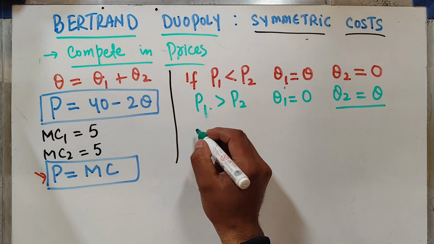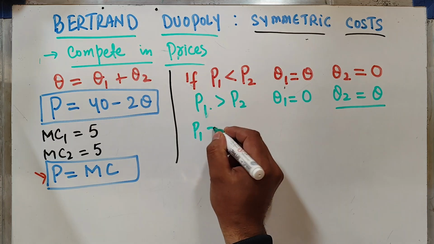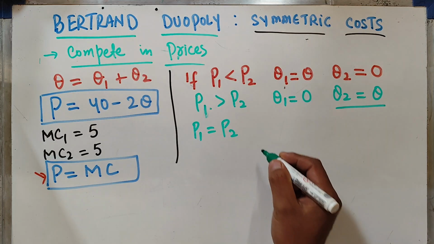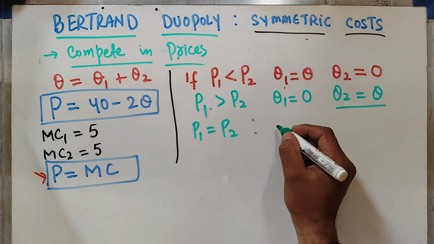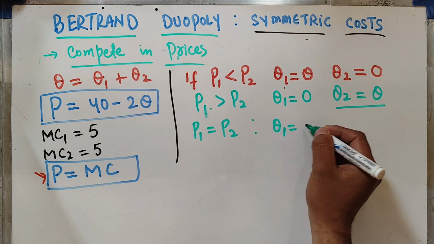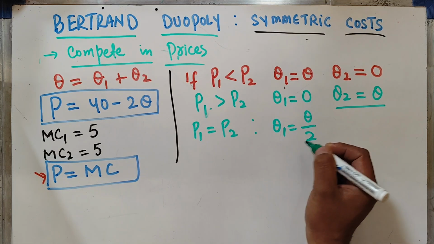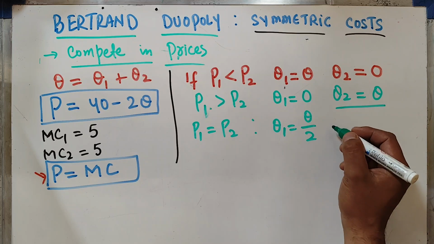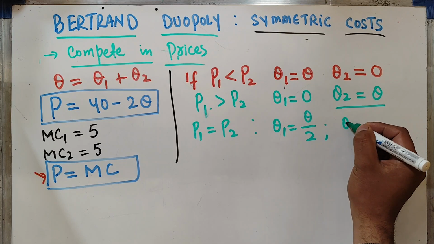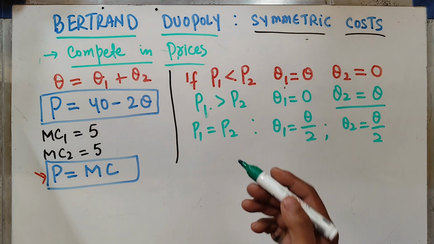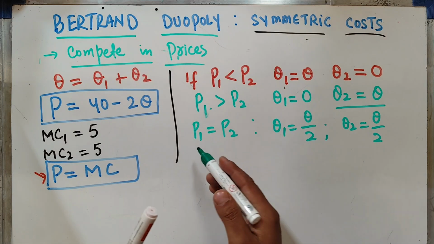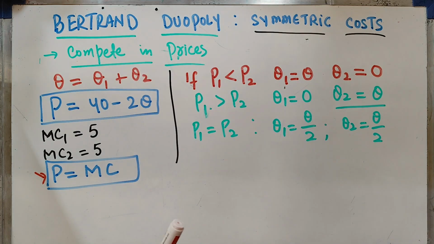And if firm 1's price is equal to firm 2's price, they will split the market: Q1 will be Q divided by 2, and firm 2 will also produce half the output.